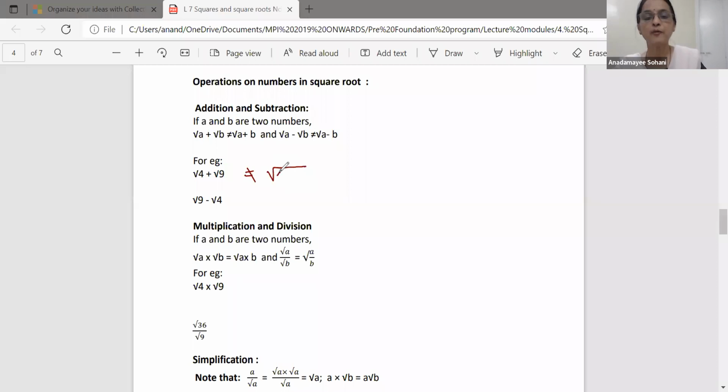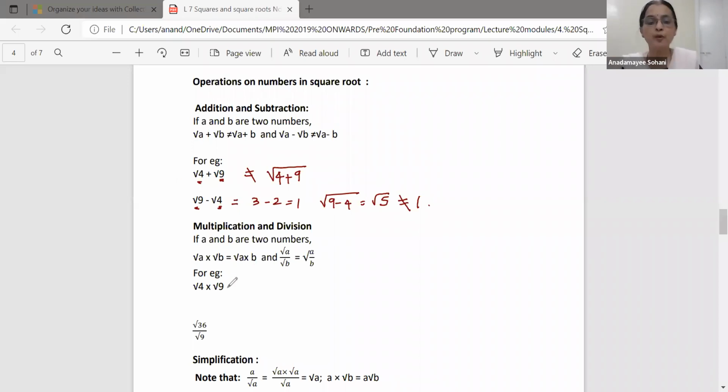You have to find separate values and then add. Similarly, root 9 minus root 4, the correct answer will be 3 minus 2, that is 1. But if I do it like this, root 9 minus root 4 becomes root 5, which is not 1. So for addition and subtraction of roots, we have to find separate values and add. It is not the under root value of the sum or difference.